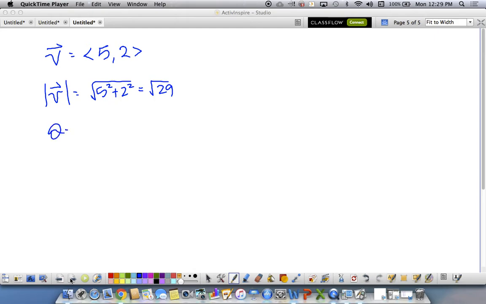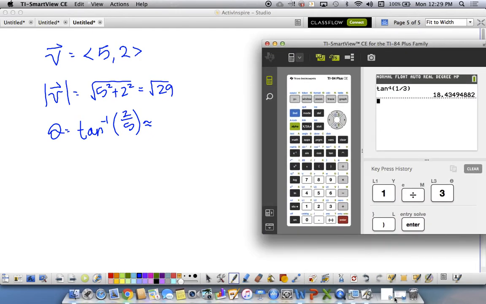Your theta would be inverse tan of 2/5, which is 21.8 degrees approximately. We've got our magnitude and direction.